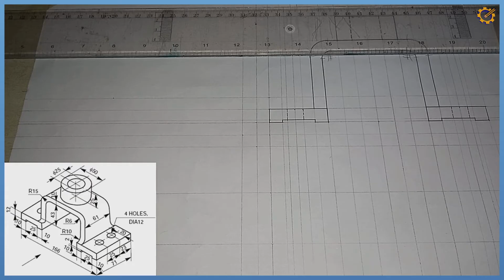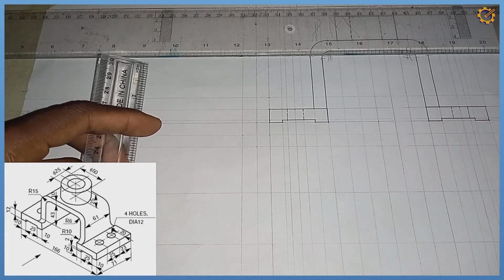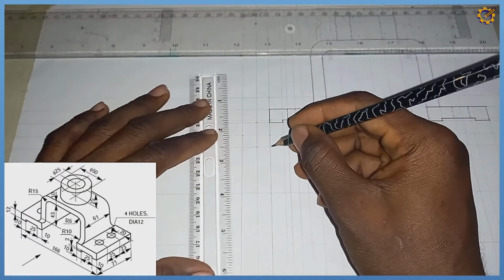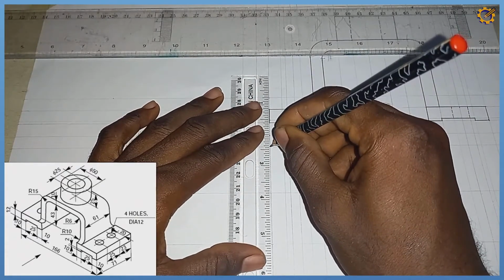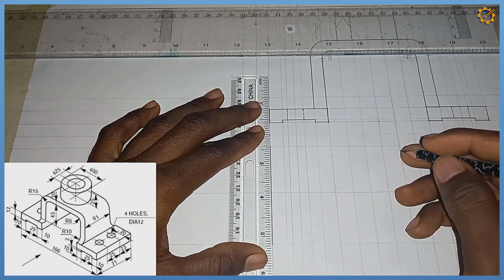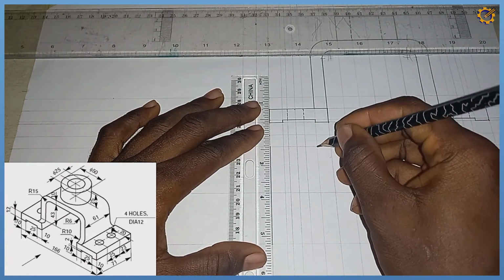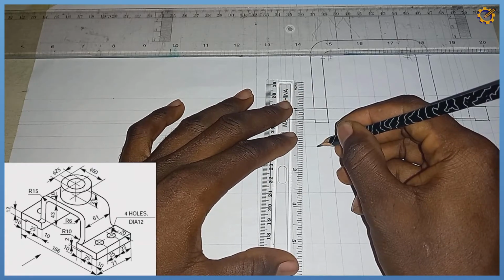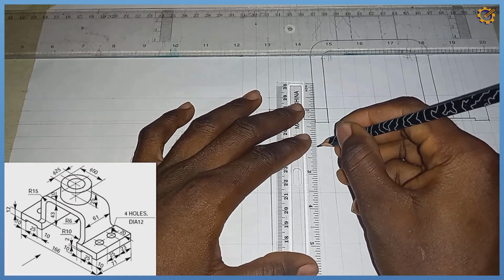Yeah, so first of all, let's get this right. I'm going to draw this to the bottom like this. Likewise also, I'm going to project this to the bottom like this.